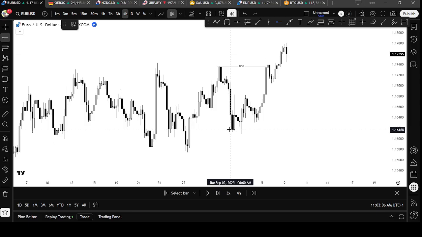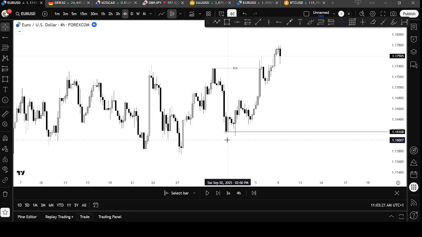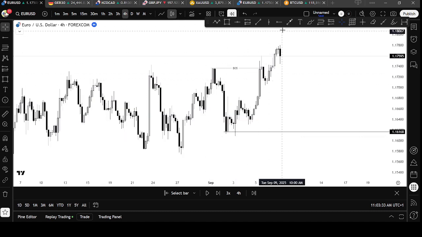For example, this A shape here, price has already mitigated it, so it's not fresh anymore. I also talked about how to mark your A shape, V shape, and OCL from the close of the candle, then extend it, or you can simply go to the line chart and the whole thing will be clear.